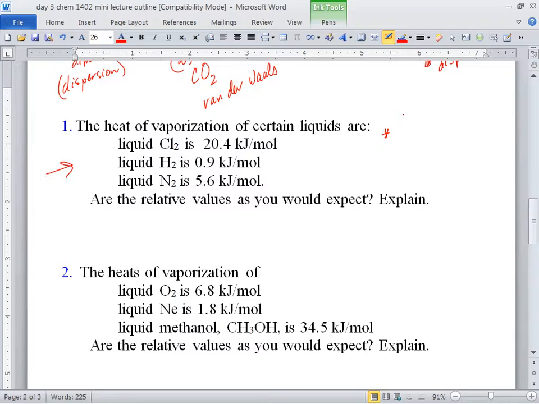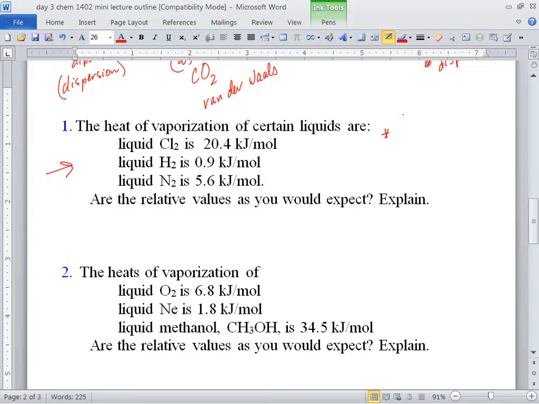The only thing that you can use to answer this is intermolecular forces. So what's going on there? Alyssa, what's the type of intermolecular force that's happening in every single case? Van der Waals.